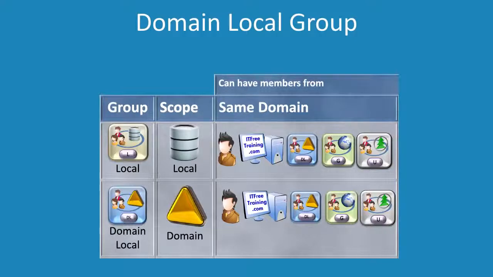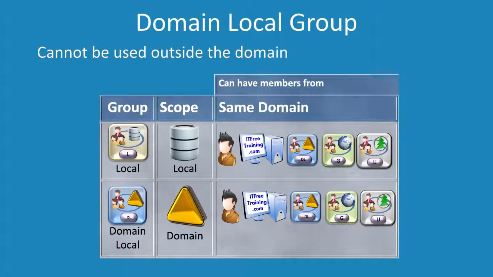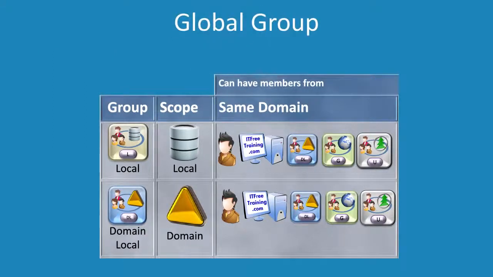As you will see in a moment, domain local groups cannot be used outside the domain that they have been created in. In a multiple domain environment, this offers some additional security to the administrator by design. By creating a domain local group in your domain, you can be assured that the group is not being used outside your domain.